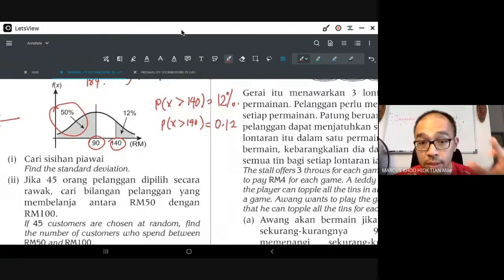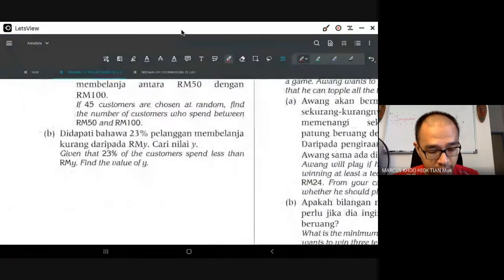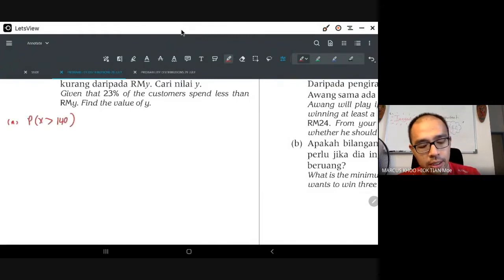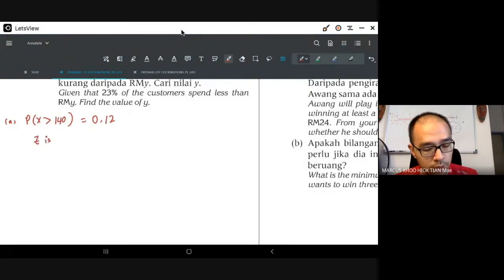We have the mean, so we can find the standard deviation, but first we have to find the z-score. Hopefully there's no mistake in this question, like last night. So the probability that X is more than 140 is equal to 0.12. Analyze this statement and tell me whether the z-score is positive or negative. It will be positive.